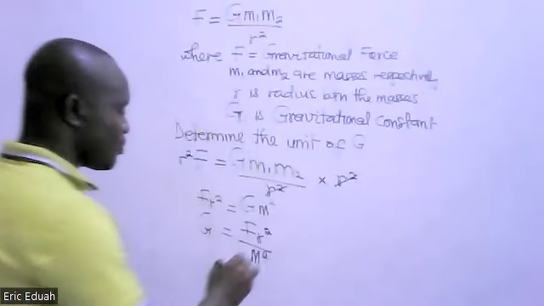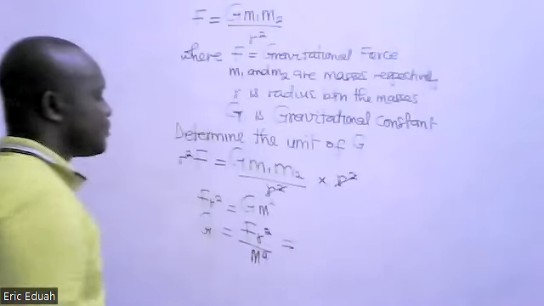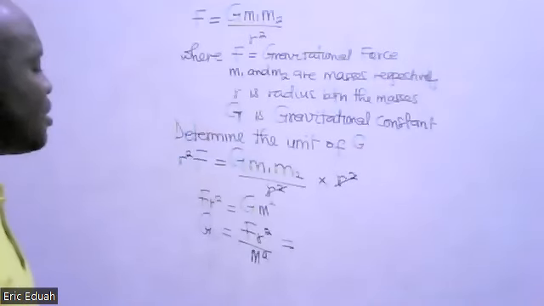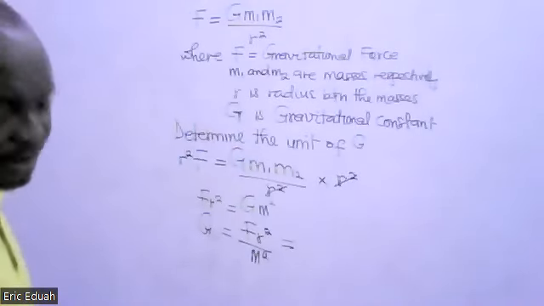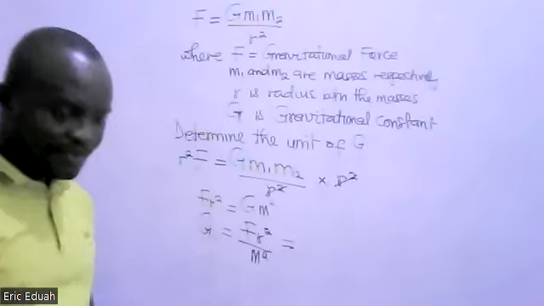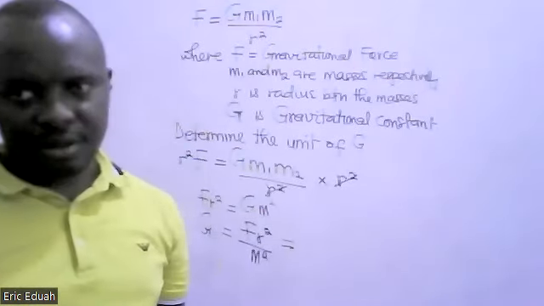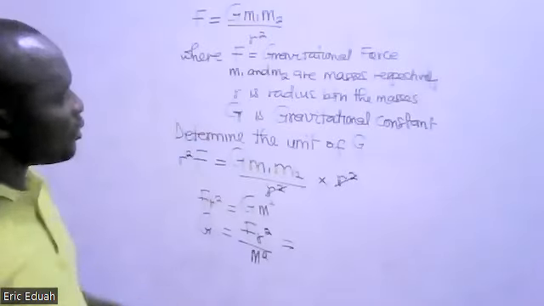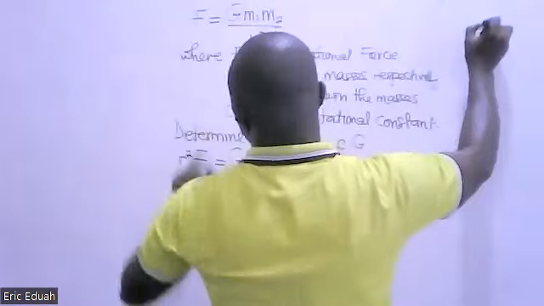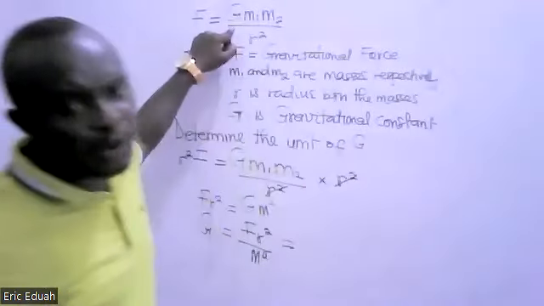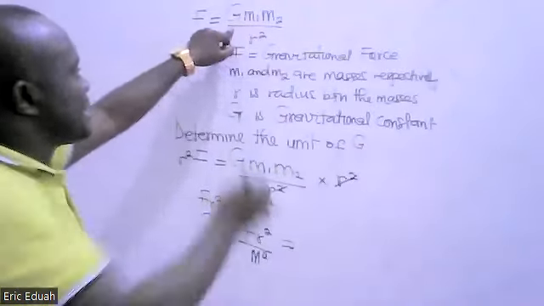So I come to the dimension of F. F is a force. Mr. Adia, please go over again. All that we are doing is looking for the dimension of G, so we have to make G the subject.